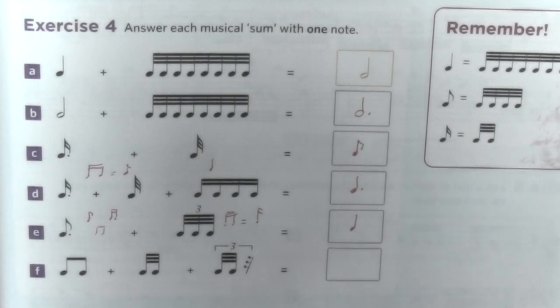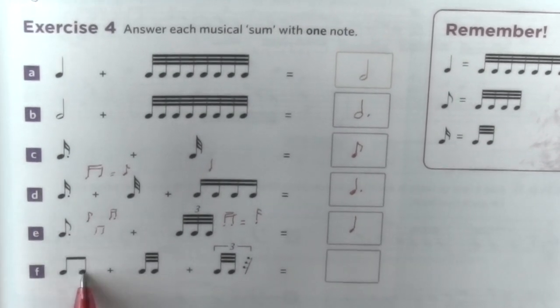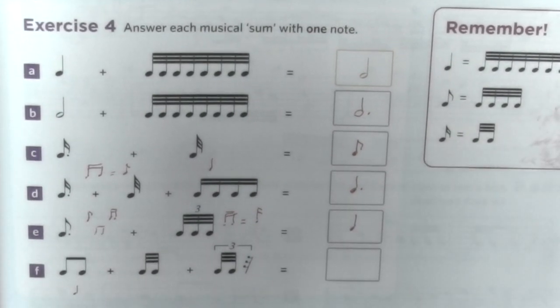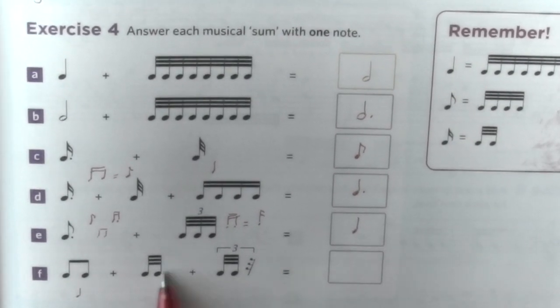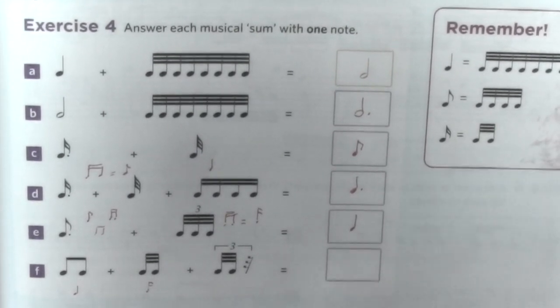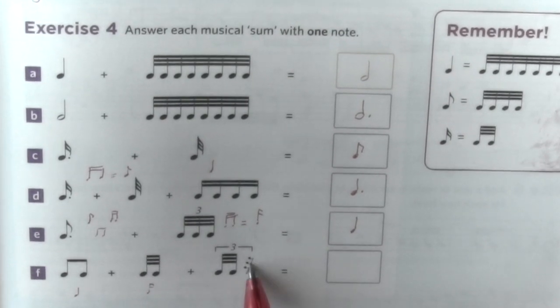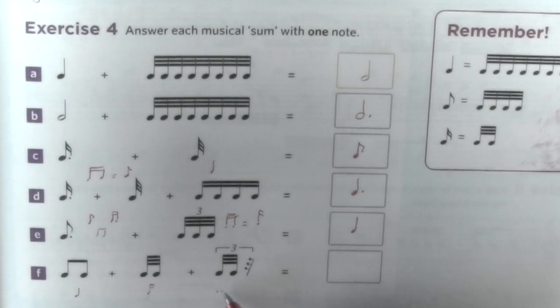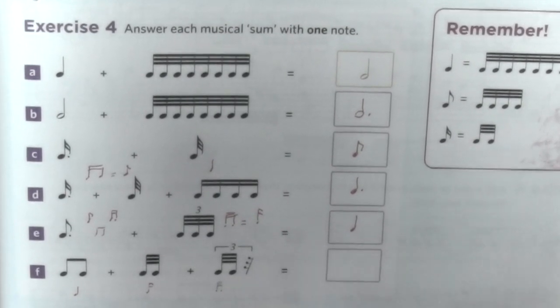So step by step, the last one. Two quavers equals one crotchet. Now we have two demisemiquavers equals one of the upper value, one semiquaver. Three demisemiquavers as a triplet equals two of the same value. So 1, 2, 3.